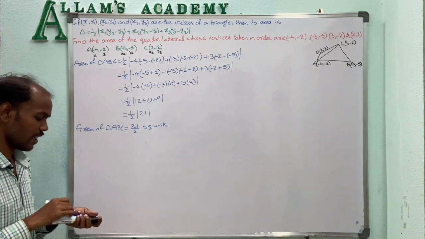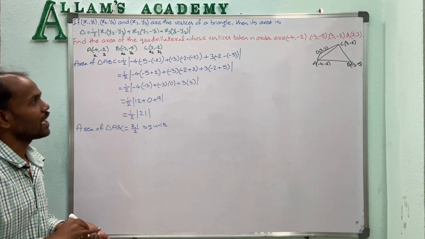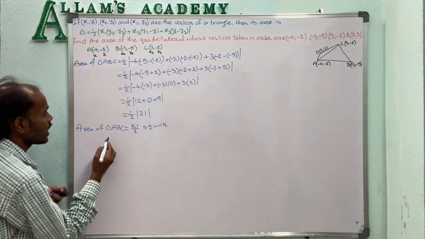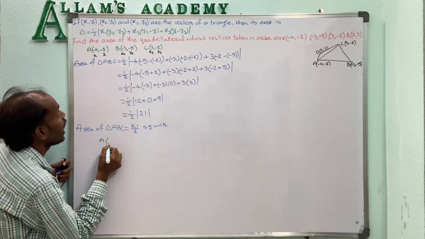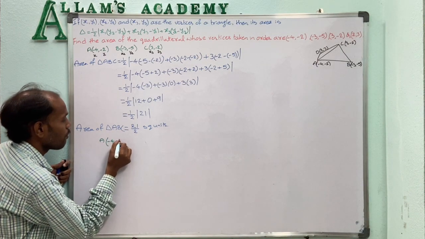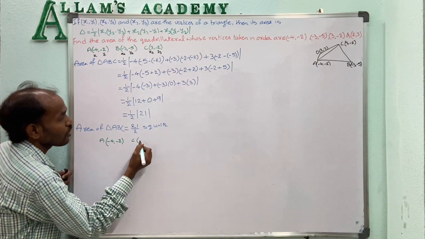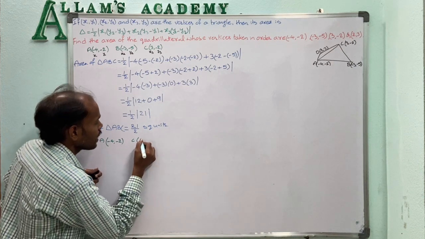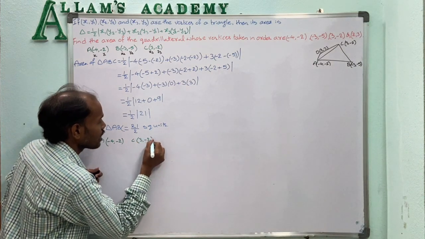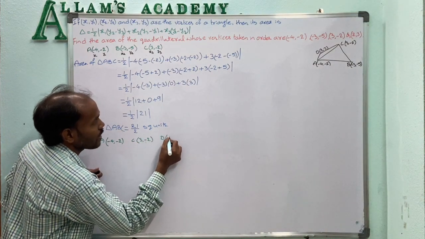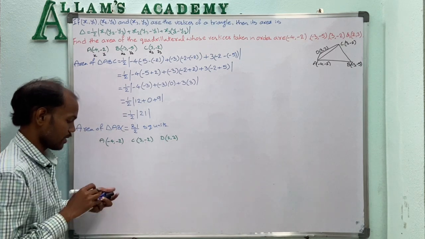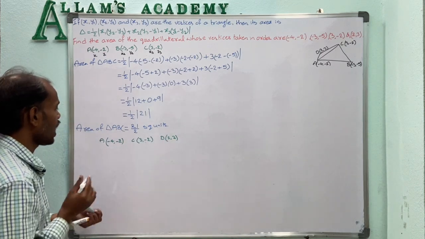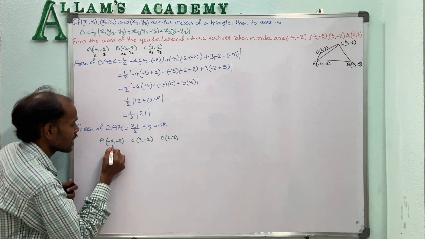Now we find the area of triangle ACD. Here the A coordinates are -4, -2, the C coordinates are 3, -2 and the D coordinates are 2, 3. Now finding the area of the triangle ACD.